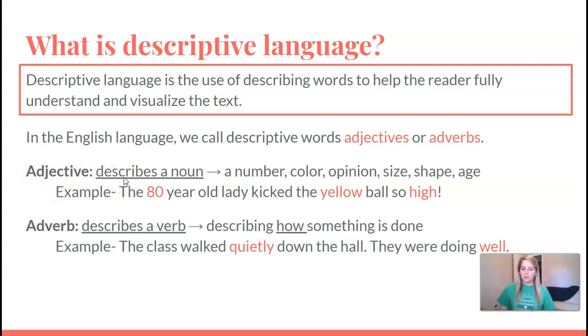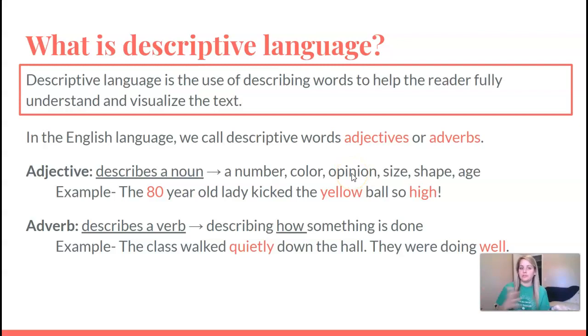Adjectives describe a noun. For example, a number, like 4 cookies, instead of just saying cookies, you could be imagining 100, you could be imagining 2. So a number can help describe a noun. A color such as the red leaf, your opinion like fast or pretty, those are opinion words. To some people it may be fast and to some people it may not be fast.